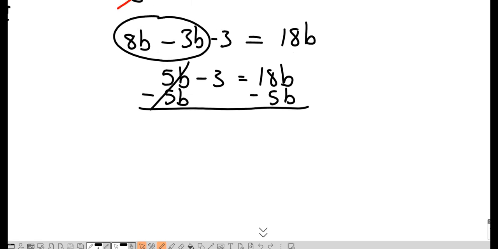I agree. And Arthur, last step. No. We want to get b by itself.